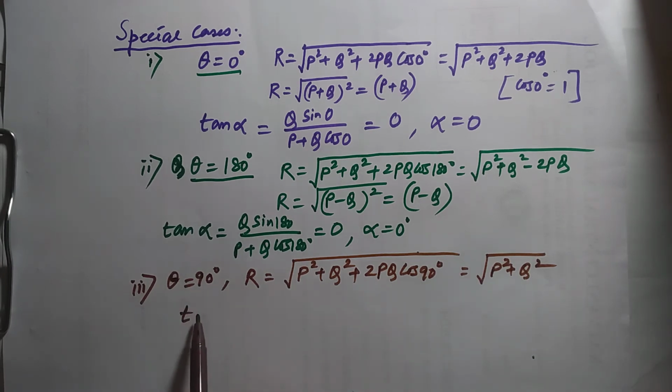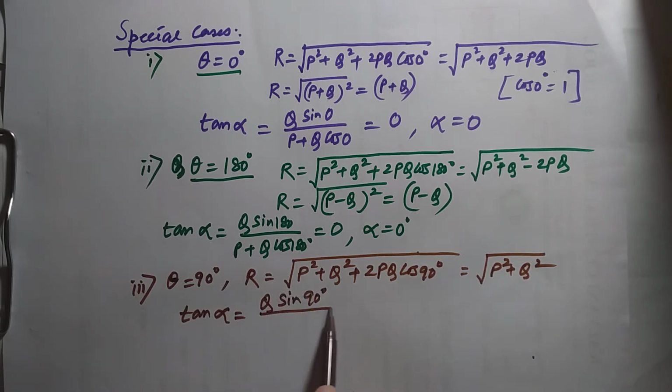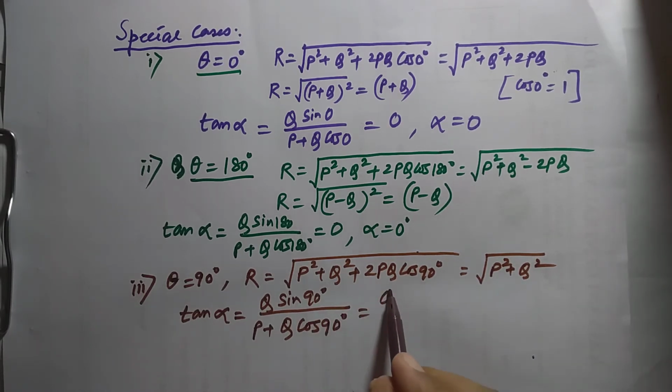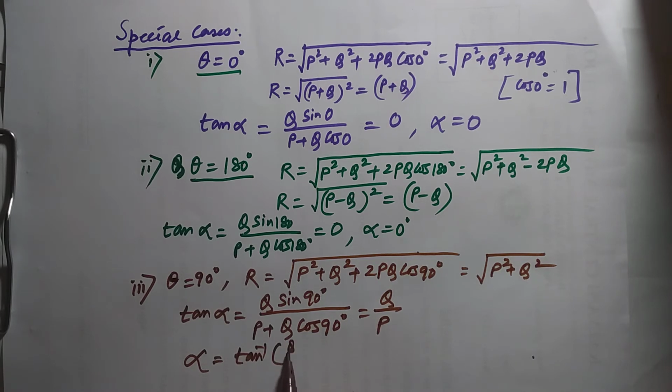And tan alpha is equal to q sin 90 by p plus q cos 90, so you can write q by p. So alpha is equal to tan inverse q by p. So these are the special cases, very useful cases. You can use them in several places when you do numericals.